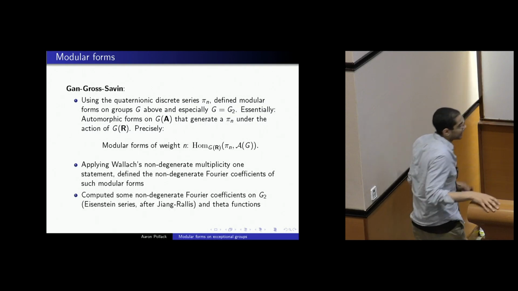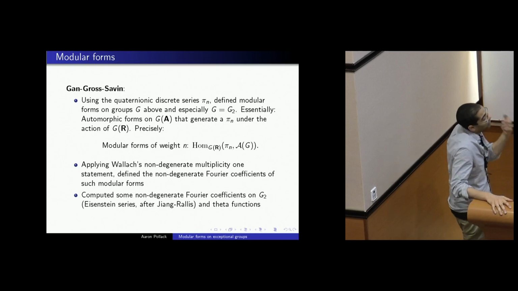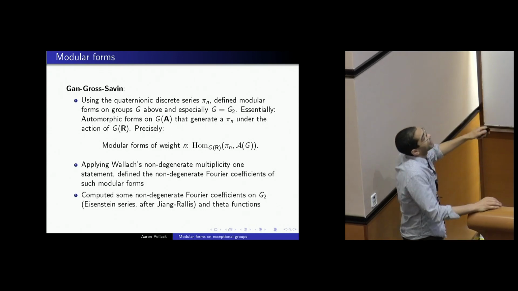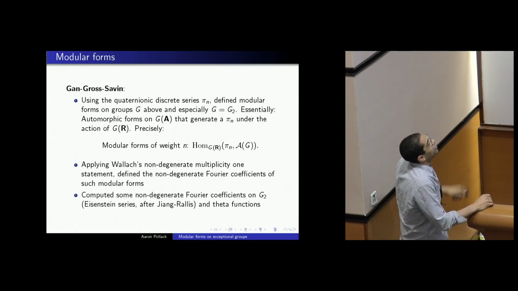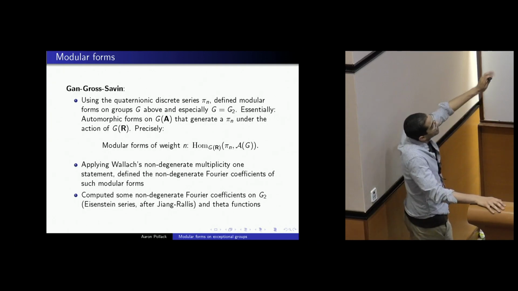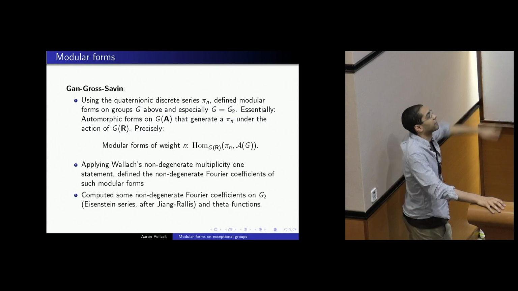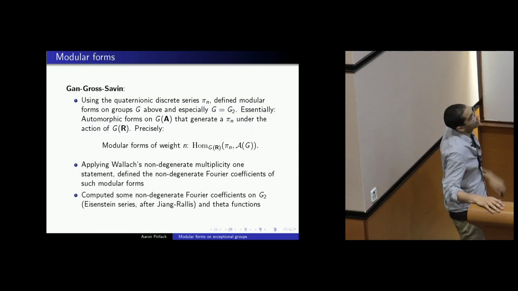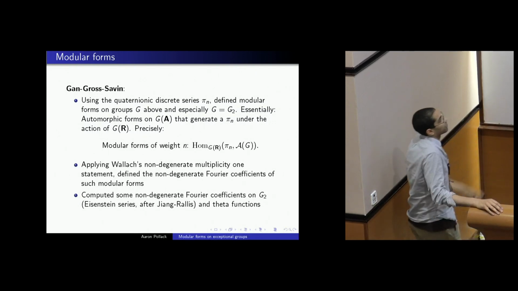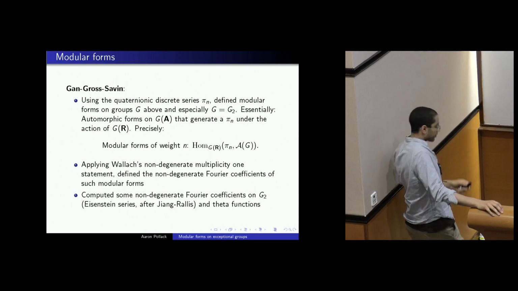Roughly speaking, the modular forms are the automorphic functions that generate one of these representations pi n under the action of G of R. And precisely, they define the modular forms to be the G(R)-equivariant homomorphisms from pi n to the space of automorphic forms, in particular for G equals G2.